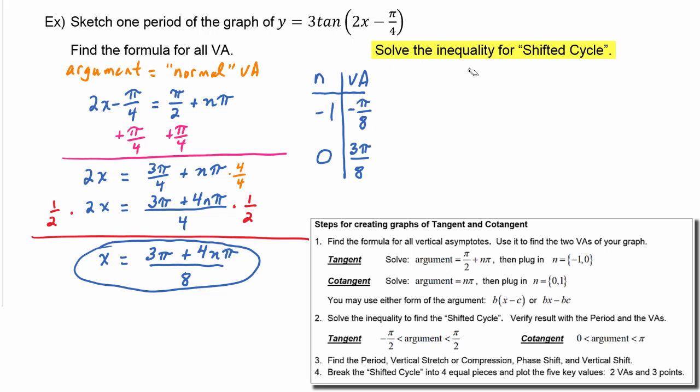Next, we'll solve the inequality for the shifted cycle. For tangent, we know that we have to put the argument in an inequality between negative pi over 2 and positive pi over 2.